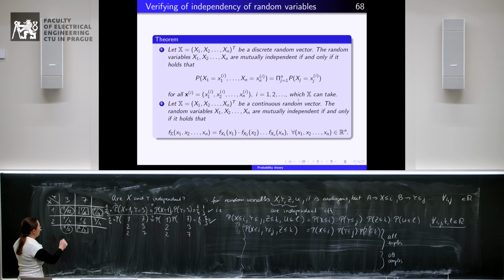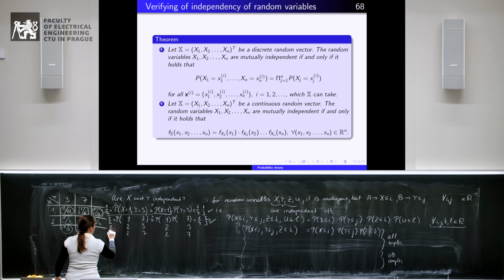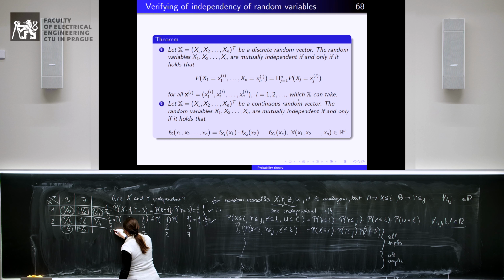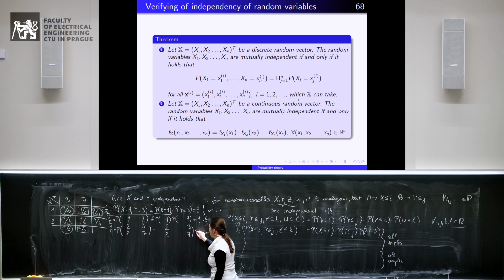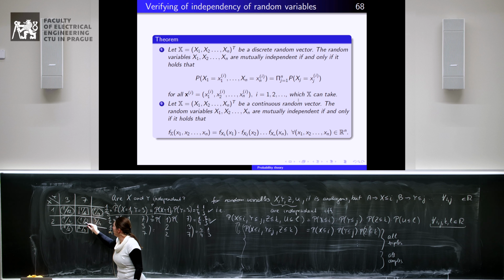In this case, 1/4 is equal to 3/4 times 1/3. And 1/2 is equal to 3/4 times 2/3.